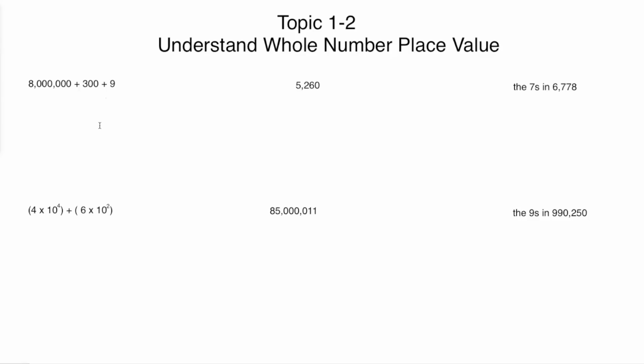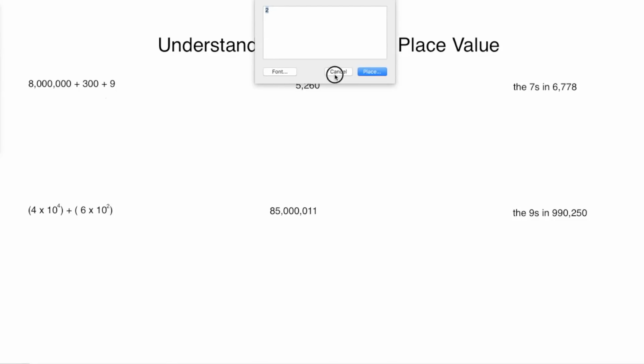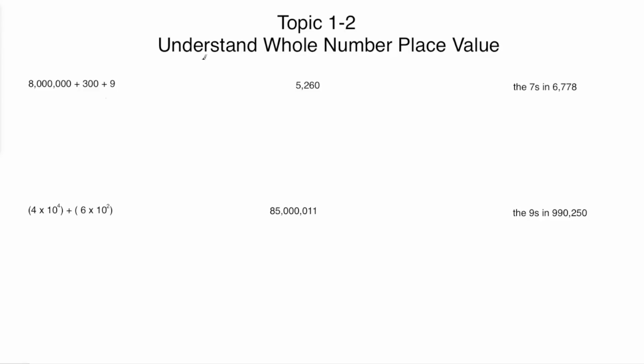So there are different forms of writing a number. Numbers are made up of digits: 5 is called a digit, 2 is called a digit, 6 is called a digit, 0 is called a digit. Together, they all make something called a number.